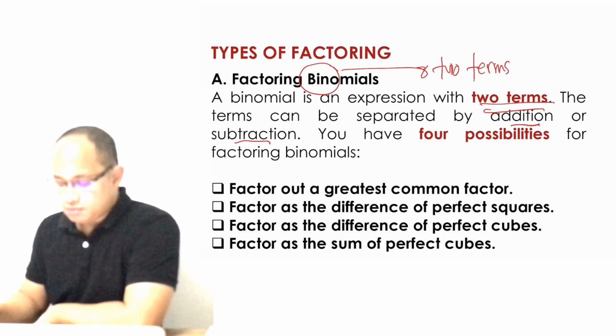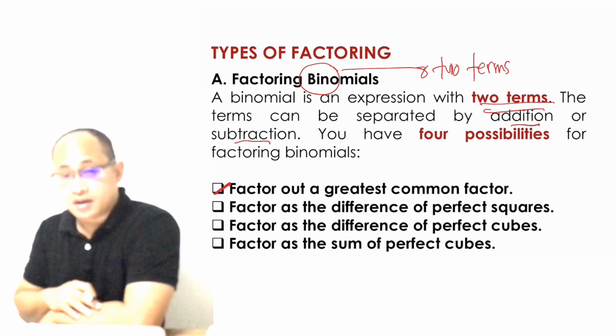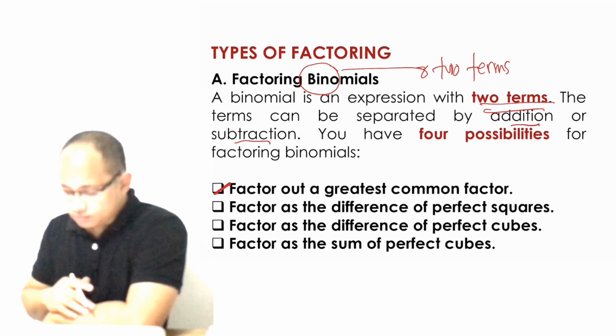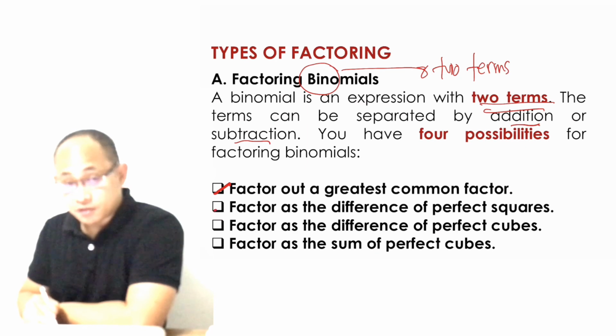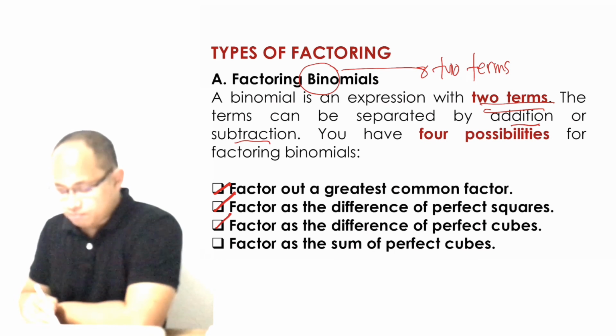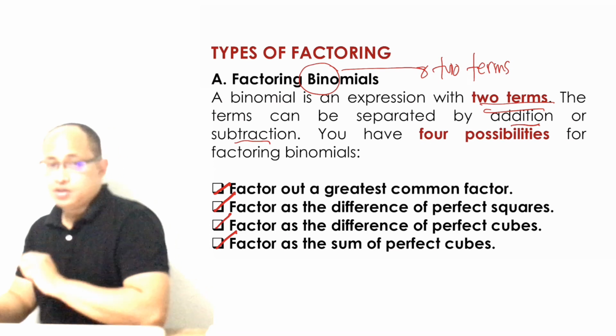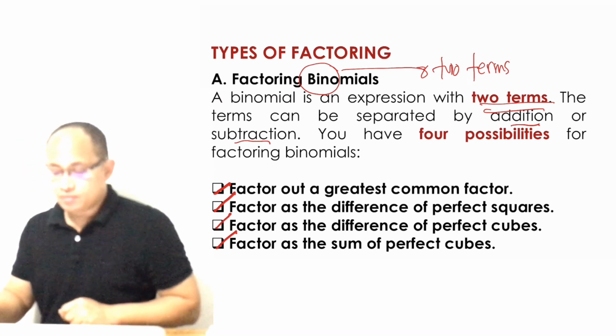You have 4 possibilities for factoring binomials. First, factor out the greatest common factor. Second, difference of perfect squares. Third, difference of perfect cubes. Fourth, sum of perfect cubes. These are the 4 things you are going to use in factoring binomials.